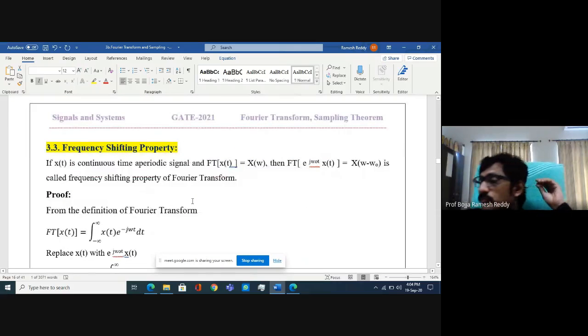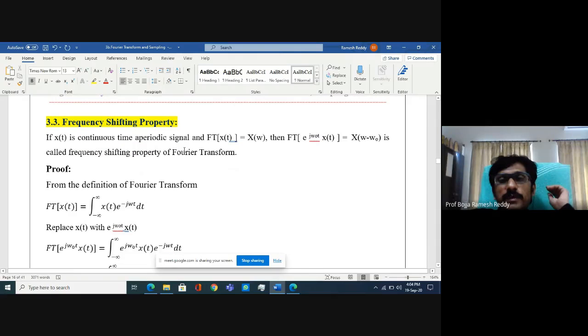Now, frequency shifting property. What is the frequency shifting property? If we know the frequency domain of x of t, which is X of omega, then what is time shifting? If the time domain signal is shifted to some other position, in the frequency domain take the product of the complex exponential term and the frequency function.